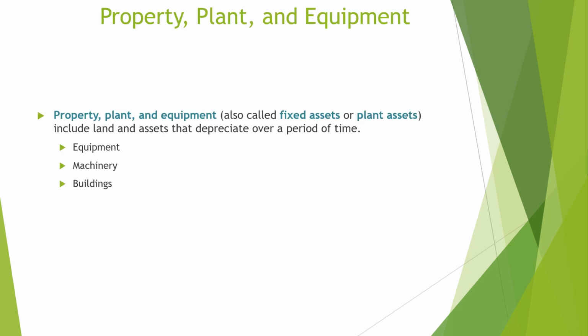Property, plant, and equipment are also called fixed assets, and they are long-term. They're things that we're going to hold for the long term, and they're going to benefit us for many years. So we'll first put them on our books at their total original cost, and then, depending on what it is, everything except for land, we will depreciate over a specific amount of time.